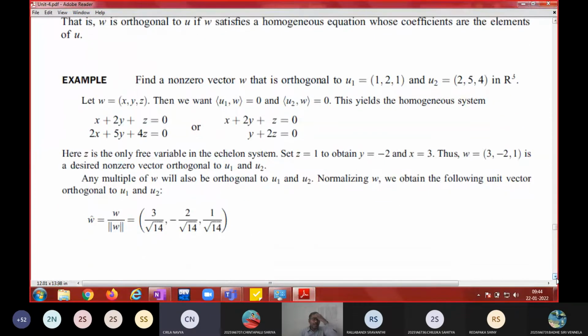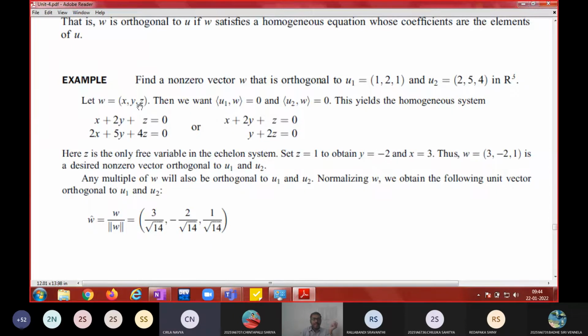And the question may be, if you want to find a vector which is orthogonal to given vectors. Orthogonal means dot product must be 0. So you take w equal to x, y, z such that this is orthogonal to u1. That means inner product of u1 with w must be 0, and inner product of u2 with w must be 0.